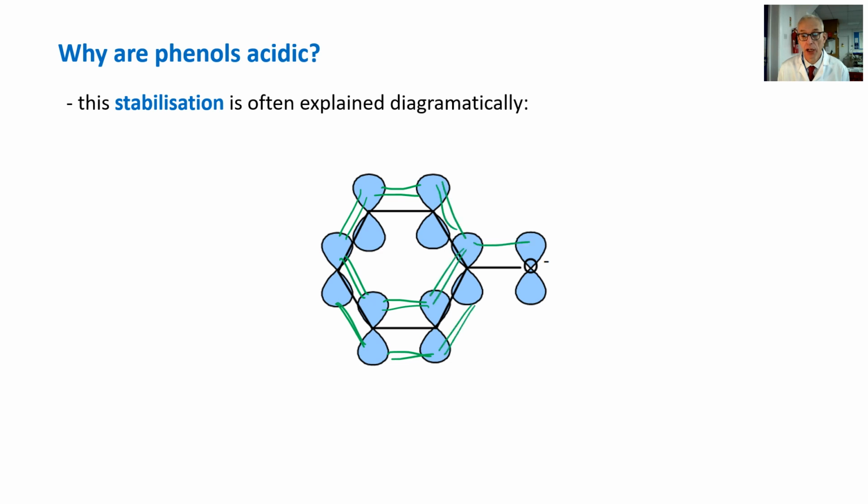That can now include the p orbital on the oxygen atom, so that this charge is now delocalized. That is, a pair of electrons in the p orbital are able to move throughout this overlapping p orbital system. So a pair of electrons in this p orbital can move above and below the plane of the benzene molecule throughout there. So they are delocalized.